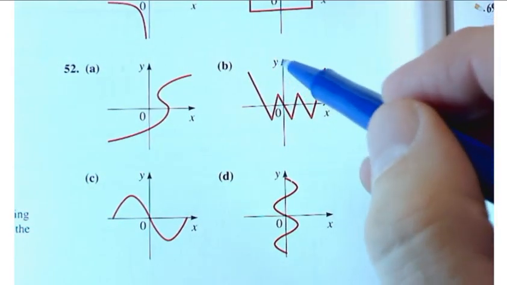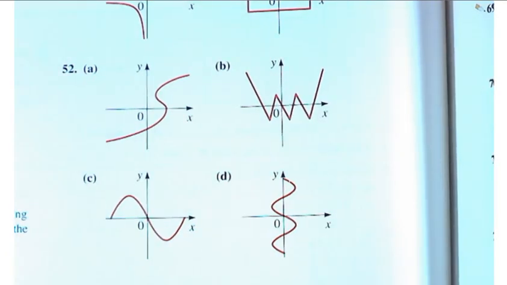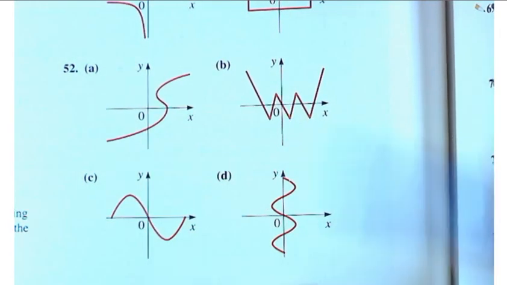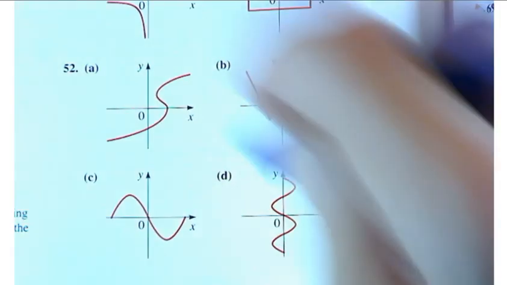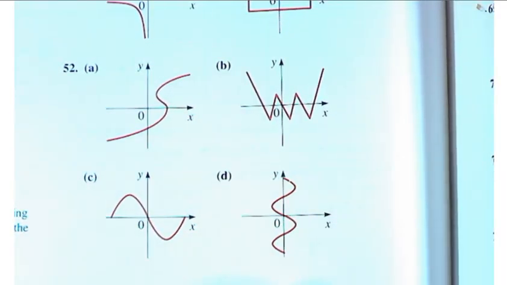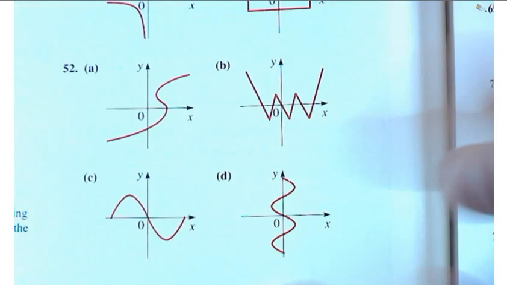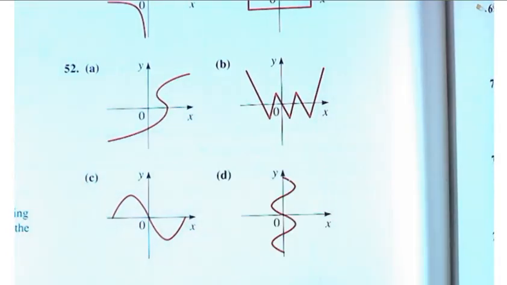How about part B? Does that one pass? Yes. Is there anything else that doesn't pass it? D fails it. So A and D fail the vertical line test. B and C pass it. So the only two functions graphed here are B and C.